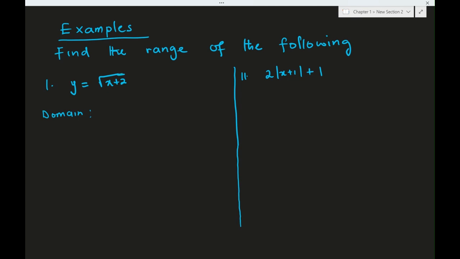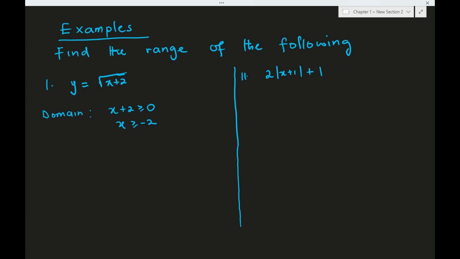For the domain, it's easy. When you are dealing with an even root, you take the content of the root, x plus 2. This has to be greater than or equal to 0, because if it is negative, you'll have an imaginary number, since you're having an even root.